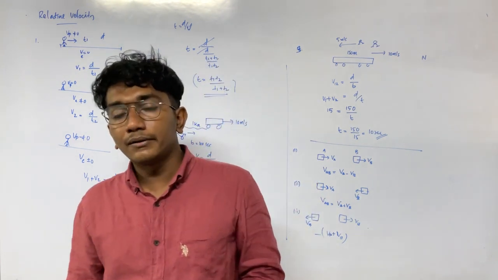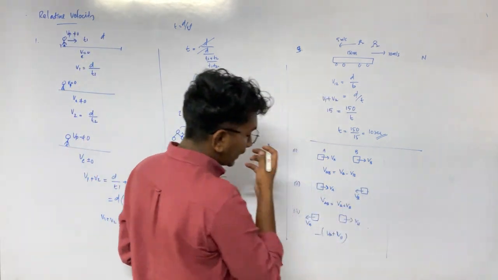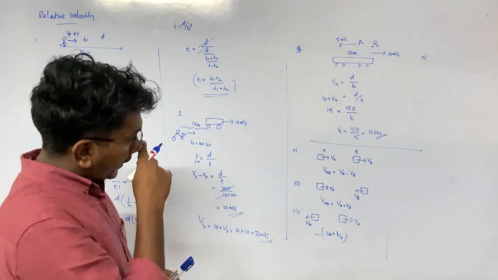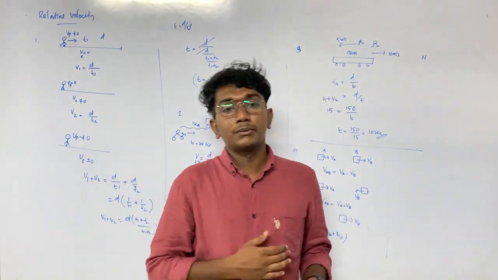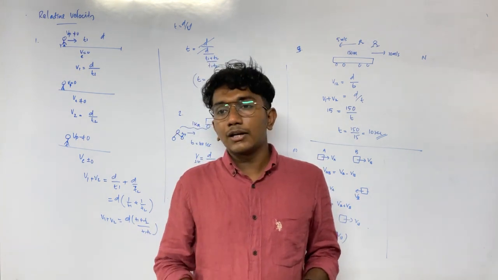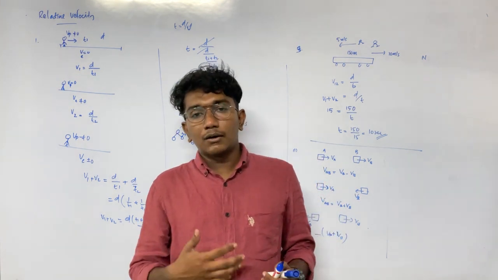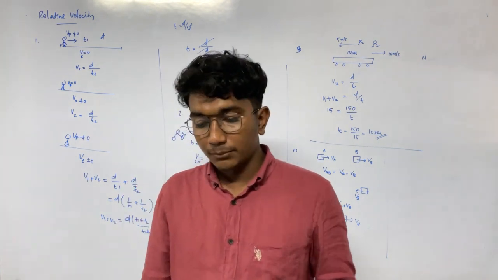Did you get my point? Alright. So this is what relative velocity is. This is all about relative velocity. If you have any doubts, please let me know, and I will solve it. Okay. So next we are going to talk more about some standard problems on the same topic. Thank you.